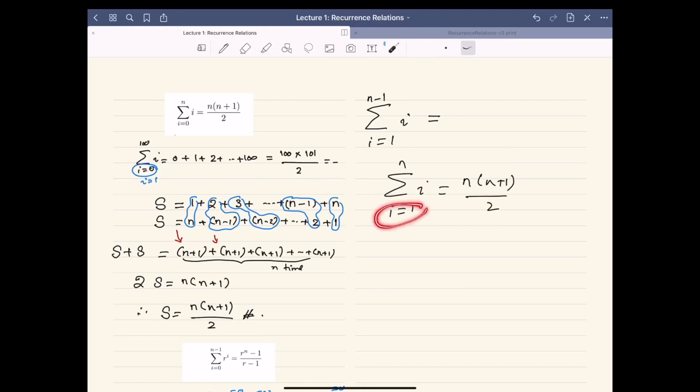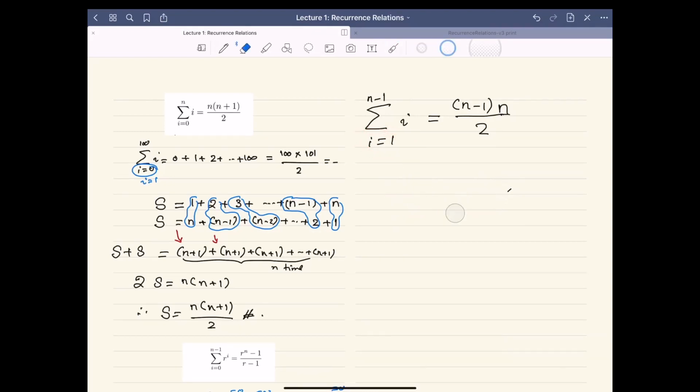So both start with 1. All you have to do now for this equation is remove n and put n minus 1 on both sides. So instead of n, put n minus 1. The result when you replace n by n minus 1 will be n minus 1, and here when you put n minus 1 plus 1, it will be equal to n. So multiply it by n and divide it by 2. It is a very simple substitution as long as the start values are the same.